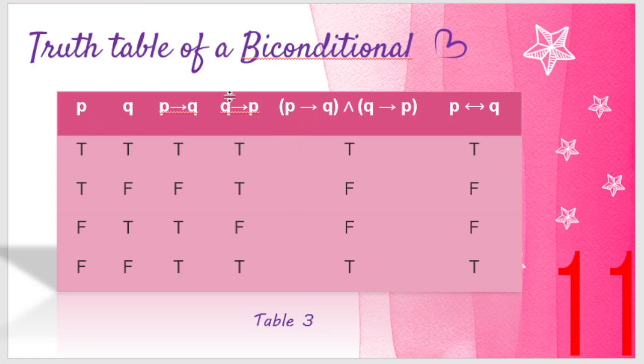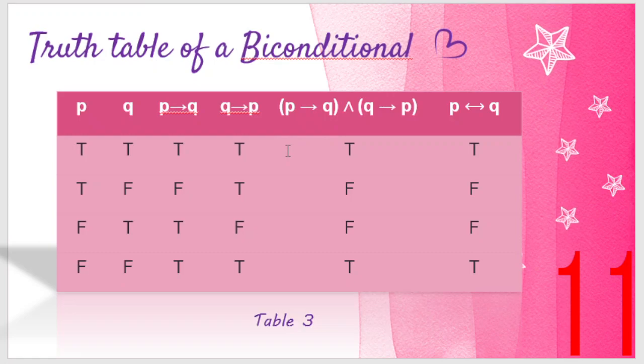So first we get the and connective for these two conditionals, P implies Q and Q implies P. Since we already have the truth values of P implies Q and Q implies P, we get the and connective for these.